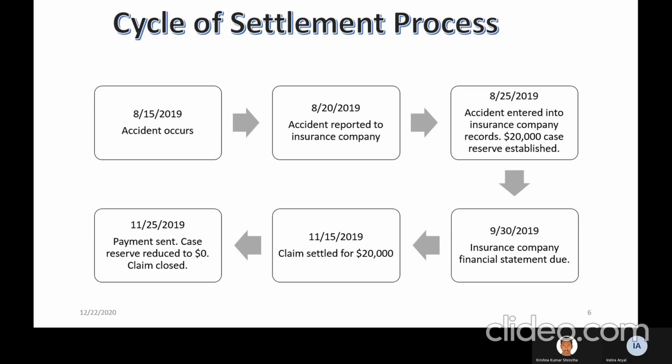Then after 5 days, the insurance company financial statements are due, and in the next time period, the claim is settled for 20,000, and our reserve is reduced to zero, and finally the claim is closed. In this way, the settlement process occurs from the date of accident to the final claim payment.